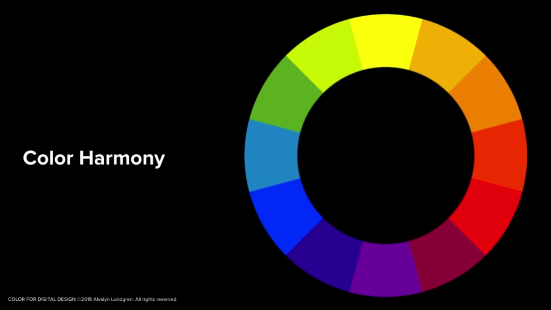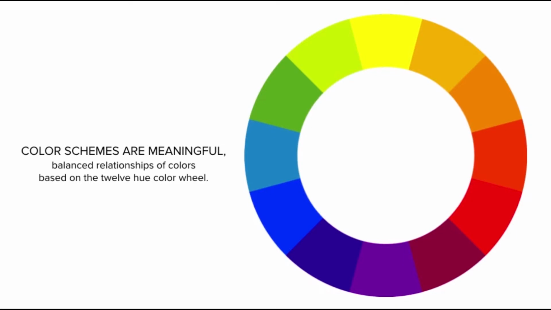So let's talk about what a color harmony or a color scheme is, and then how do we achieve it. So color schemes are meaningful relationships, they're balanced relationships, and those relationships are based on positioning of the 12 hue color wheel.